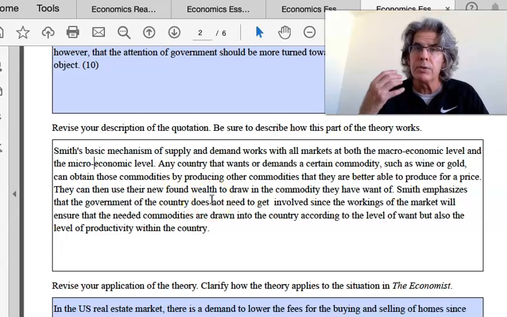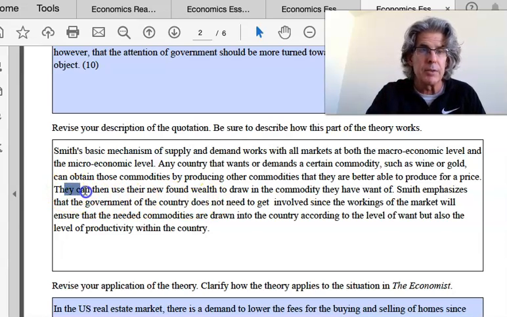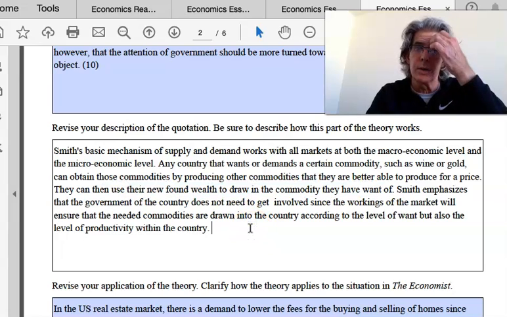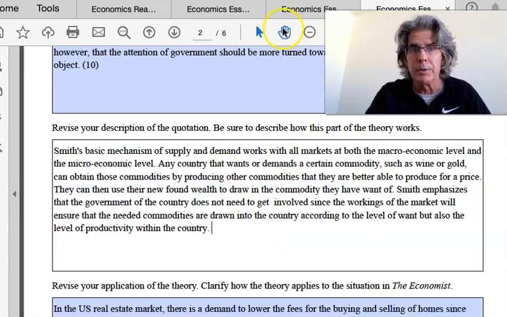And again, notice this isn't radically different, but I like this one better. They can then use their newfound wealth to draw in the commodities that they have want of. Okay? And then I go into how Smith emphasizes that no government really needs to get involved.